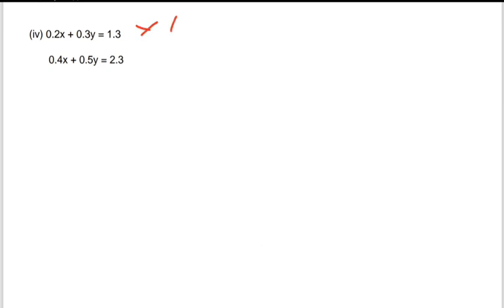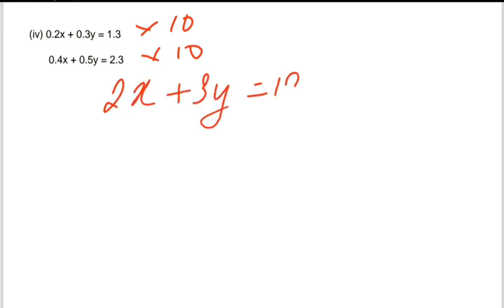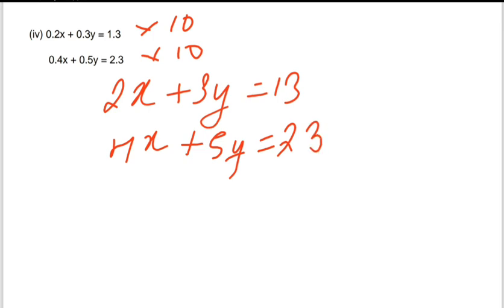So first equation multiplied by 10 and also second equation multiplied by 10, both LHS and RHS. We'll be getting 2x plus 3y is equal to 13, and 4x plus 5y is equal to 23. So these are our two equations.